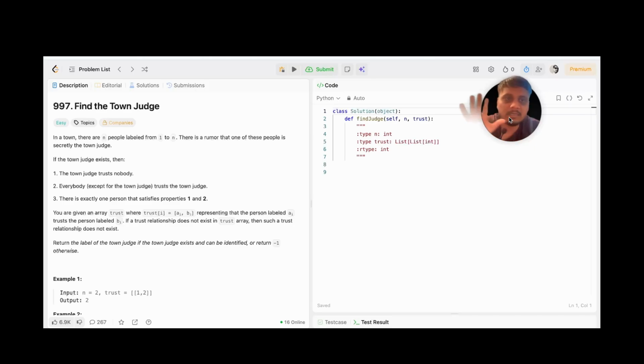So he is a town judge, that person, the sarpanch in 5 villages, or let's say a mayor, or an MLA, something like that. Everybody except for the town judge trusts the town judge. So everyone in that town trusts that person and has some hope from that person.